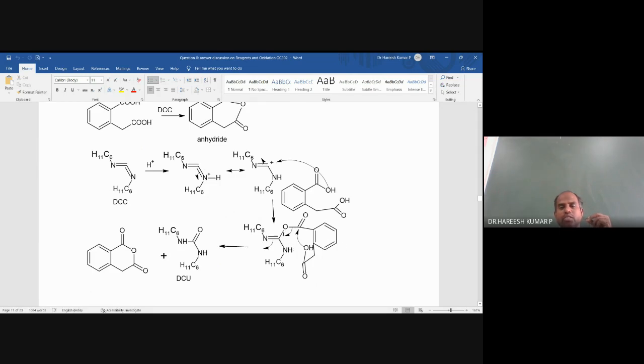Afterwards, the O-acyl urea as well as another acid part, the nucleophilic part, is in the same molecule. So the lone pair or the bond pair can react with this O-acyl moiety, this bond pair can come over here and this can pick up a proton. This part goes out as DCU and the remaining part is converted into an anhydride. More particularly, this compound is called a benzopyran anhydride.